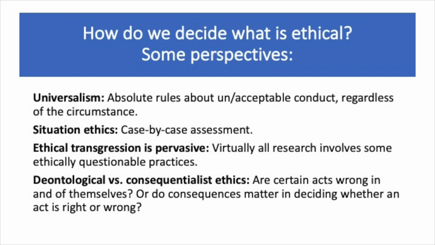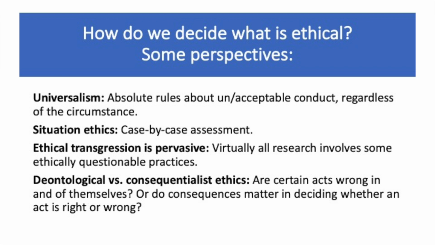It doesn't matter what the circumstances, doesn't matter what the research project is about, but there are some hard and fast rules that we can apply to all social research. And that's what we would call universalism, right? That there's a universal set of rules and we can apply them to every kind of research project.